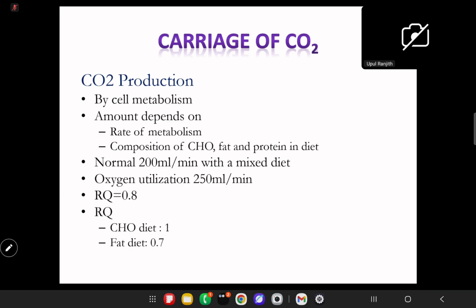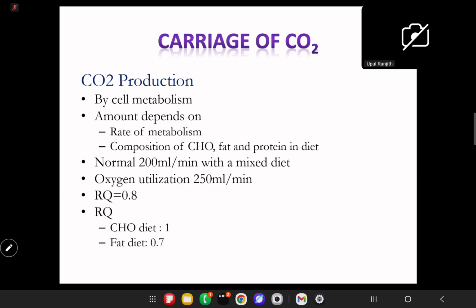You calculate the respiratory quotient by dividing carbon dioxide produced, the numerator, by oxygen utilized, the denominator. So 200 divided by 250 ml is 0.8. That is the respiratory quotient.